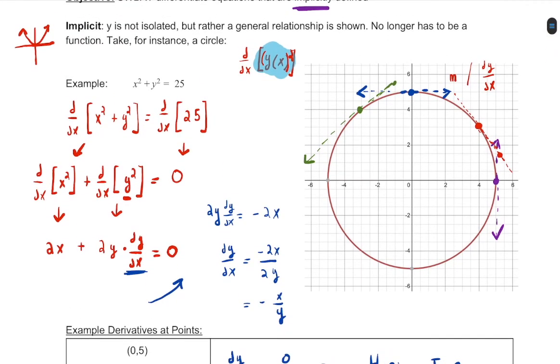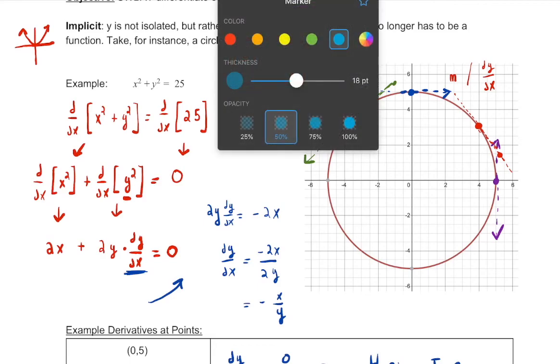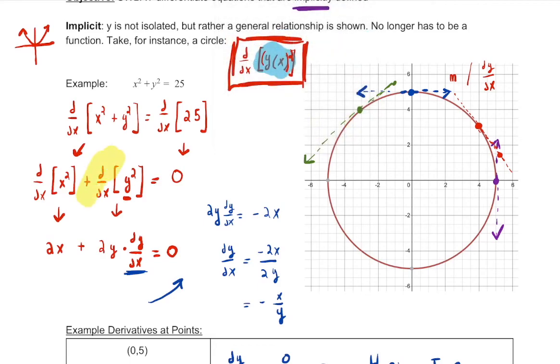So the key here is something that is very tricky to understand: the why. The why is that this is a chain rule problem because you are not taking the derivative of the same variable. You are taking the derivative of a different variable. And so we say, okay, let's pretend it's y of x squared.